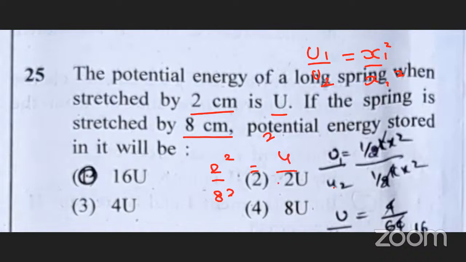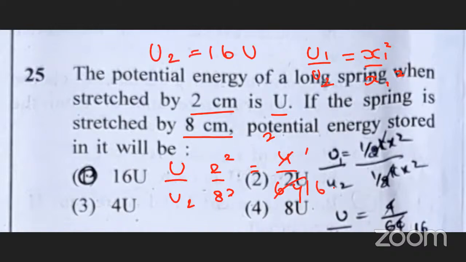So it's 4 by 64, which is equal to u by u2. From that, 1 by 16. So from that u2 is equal to 16u. The right answer is 16. So option 1 is the right answer.